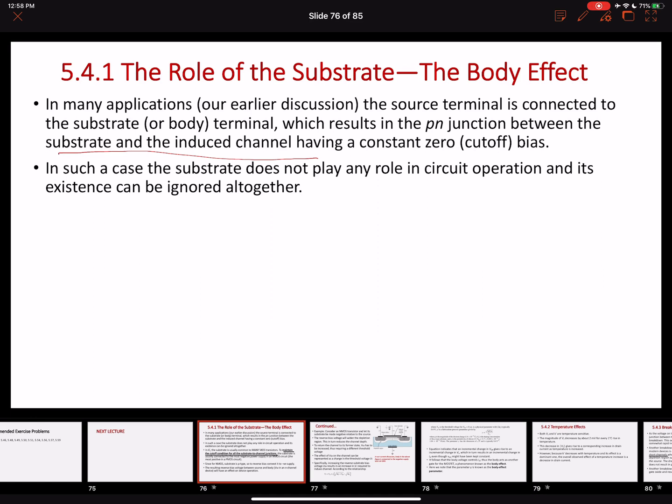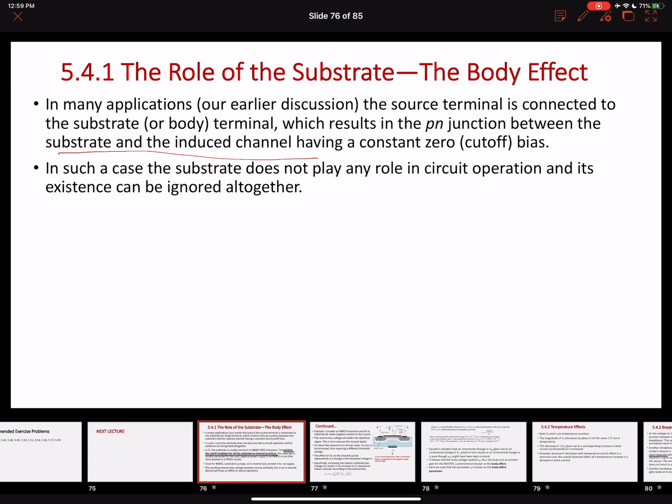However, in today's lecture, we are going to briefly notice that it is not generally true when we try to make complex circuits and when we have multiple transistors on the same substrate. So what will happen when we have multiple transistors on the same substrate? For example, you have a big substrate with a bunch of these NMOS transistors. Also assume that these transistors are operating at different voltages.